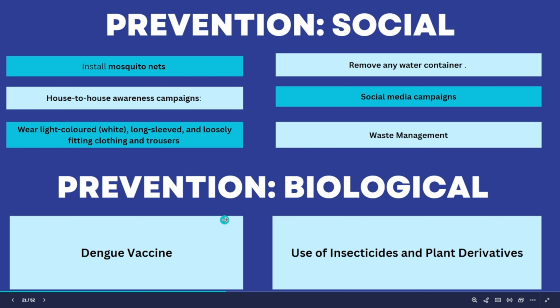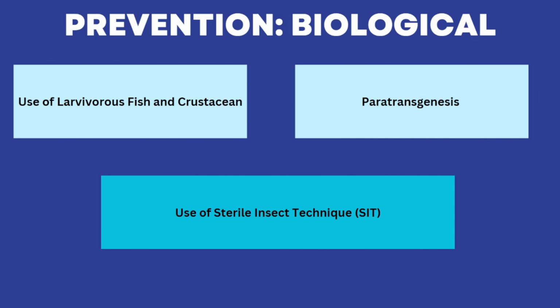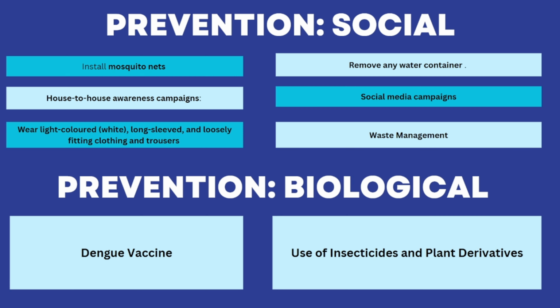Also the biological ones. There are five major methods: 1, 2, 3, 4, 5. First one is the dengue vaccine. For now, they already have a vaccine for dengue, but the effectiveness is not that good compared to smallpox, because dengue has 4 viruses. So developing a dengue vaccine is very difficult.